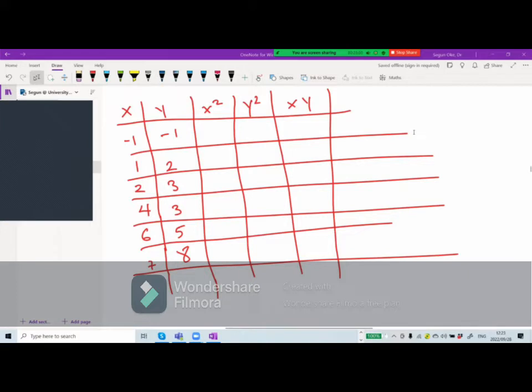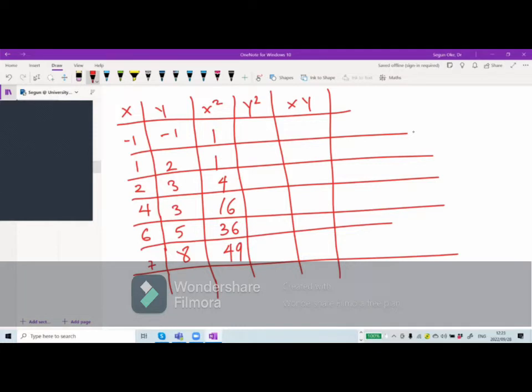It can be -1 because you are multiplying minus by minus, so it is +1. Then number 2, 1. Number 3, 4. Number 4, 16. Next, 36. Next, 49.